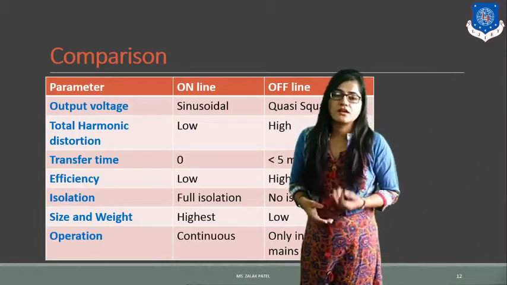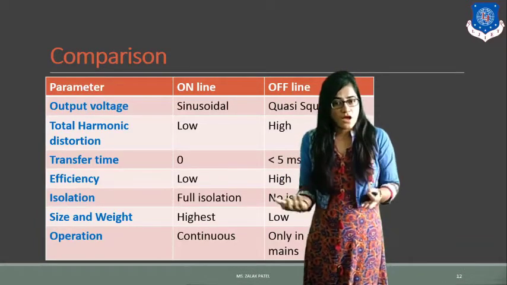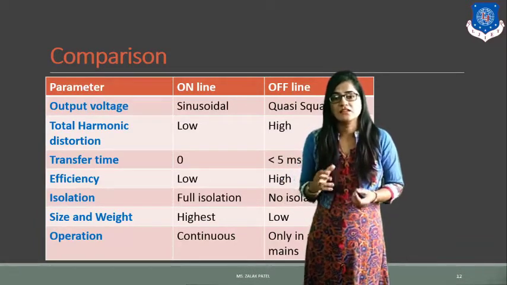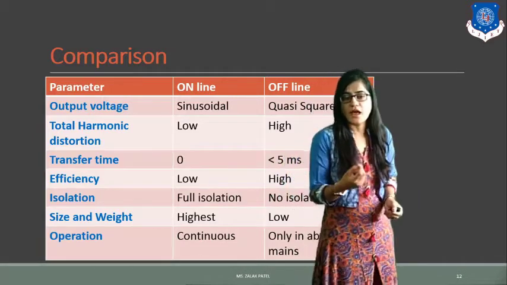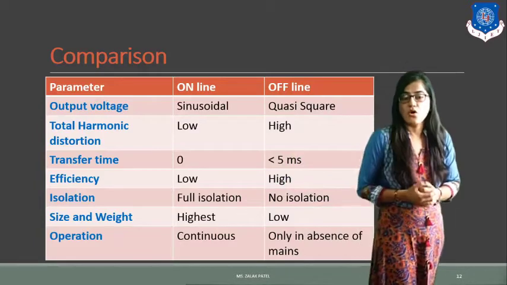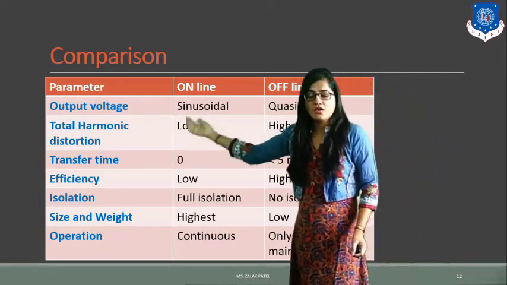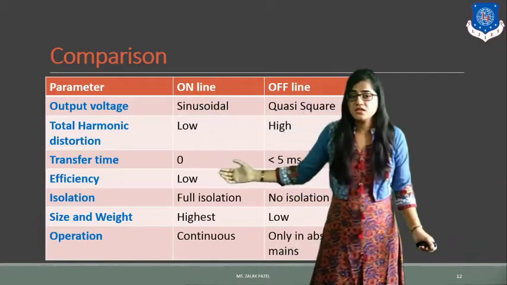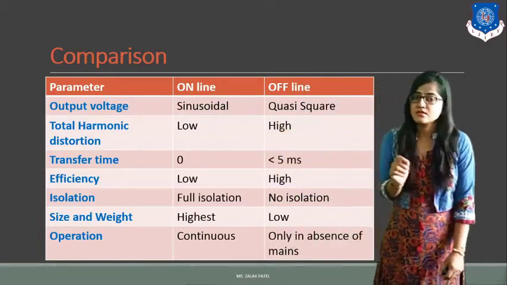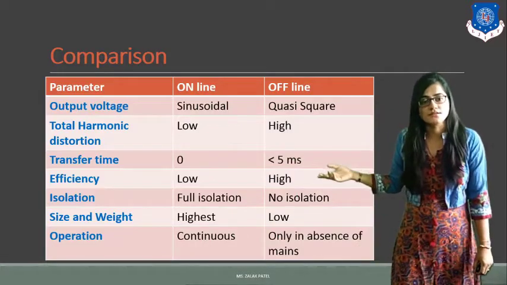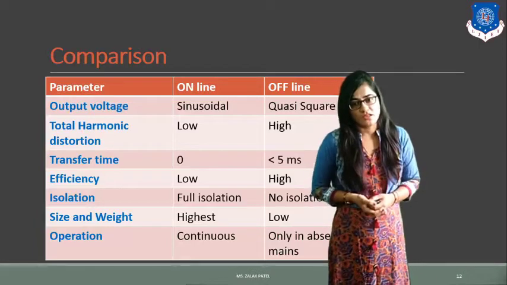And because of that high harmonic distortion, the transfer time for the offline UPS is slightly more than the online UPS. The transfer time for the online UPS is immediate, means 0, and in case of offline it takes some time, about less than 5 milliseconds.